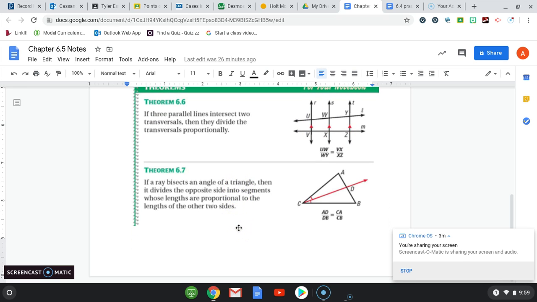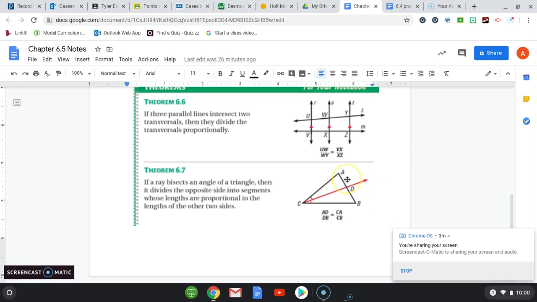And then last but not least, if you have an angle bisector, that angle bisector is going to create two pieces here. You've got the side of the triangle, AC, and then the piece it's attached to, AD. And then you've got this side of the triangle, BC, and the piece it's attached to, BD. And they're going to be in the same ratio with each other.